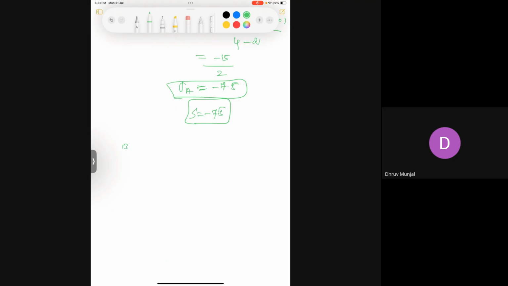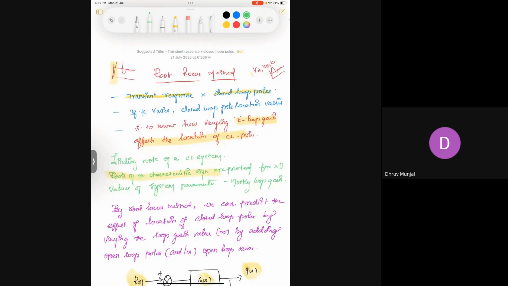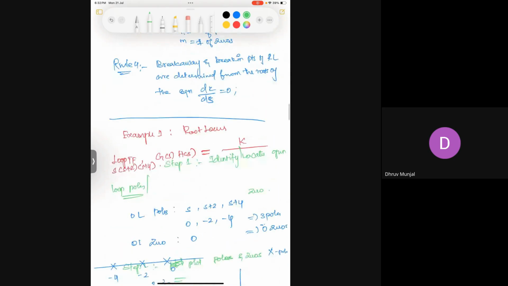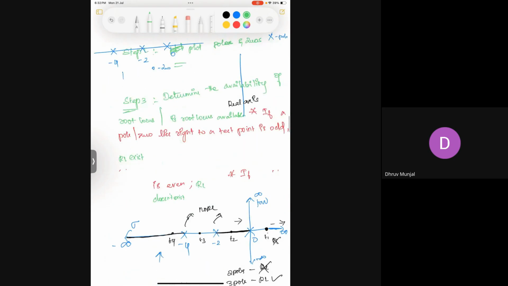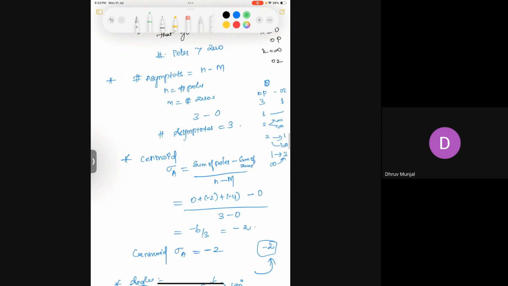Another small problem I can give. Again, a characteristic equation plus k, just to strengthen the formulas. We are asked to find the centroid of this asymptote. What formula we used here? Sum of poles, that is the centroid, right?